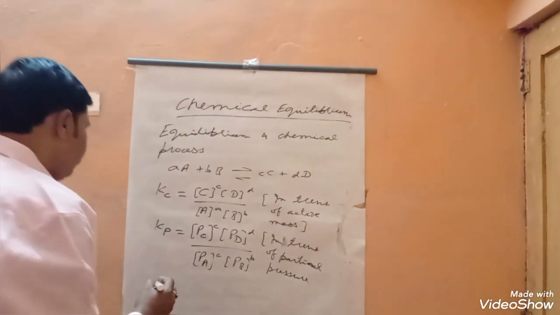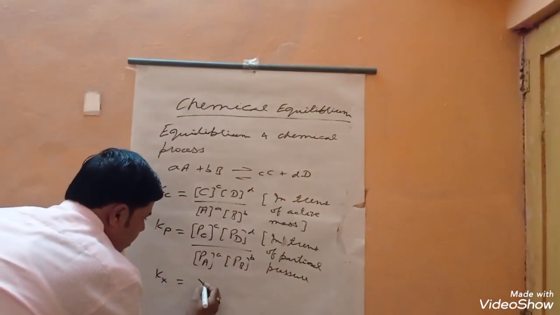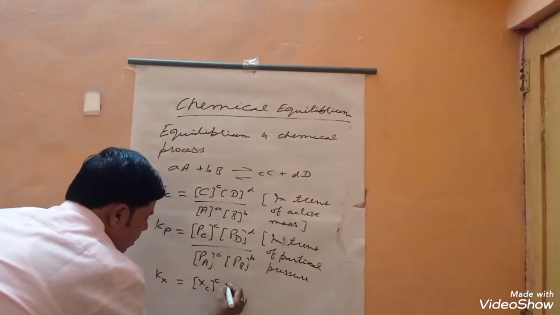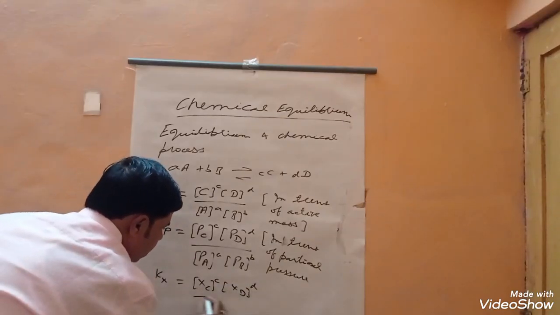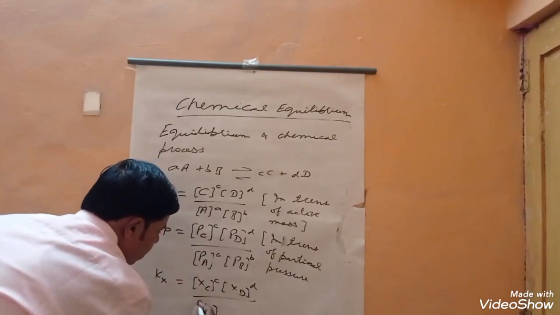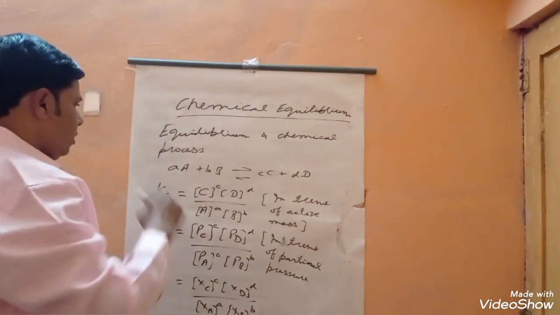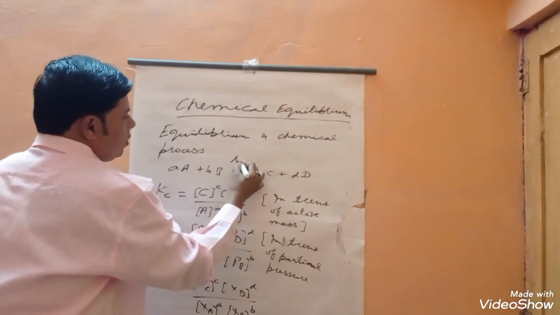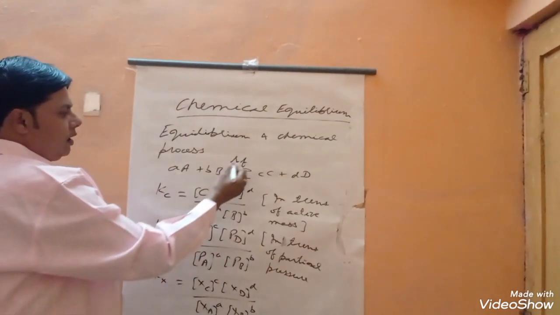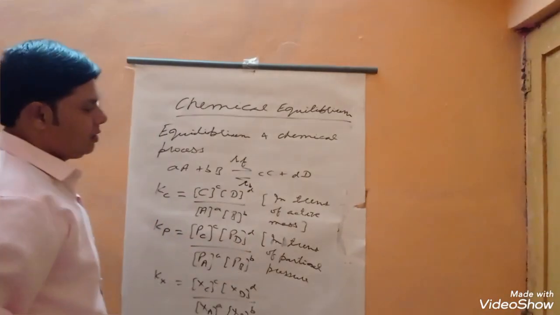In terms of mole fraction, it is Kx: Xc^c Xd^d upon Xa^a Xb^b. In this reaction, if we move in the forward direction, then the rate is Rf, and if we move in the backward direction, then the rate is Rb.